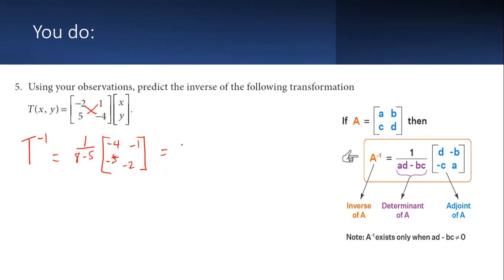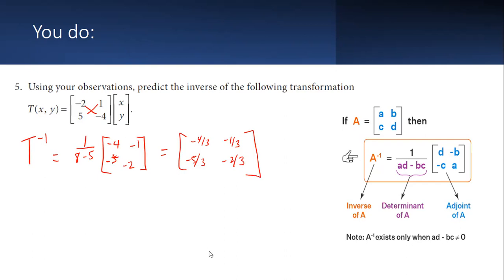The whole thing. So in conclusion, what's 8 minus 5? 3. So our final matrix is -4/3, -1/3, -5/3, -2/3, and that would be our inverse.